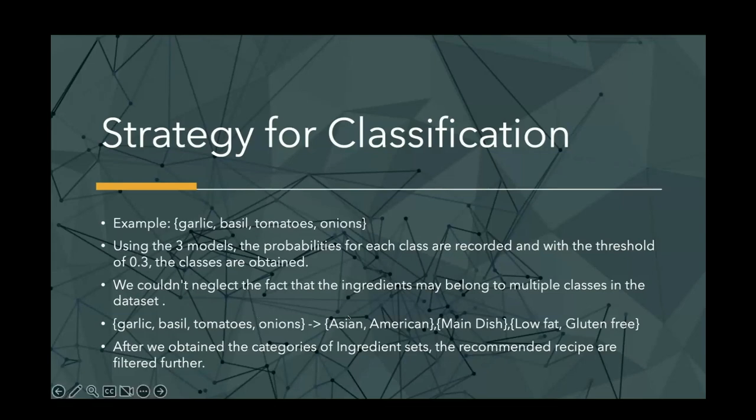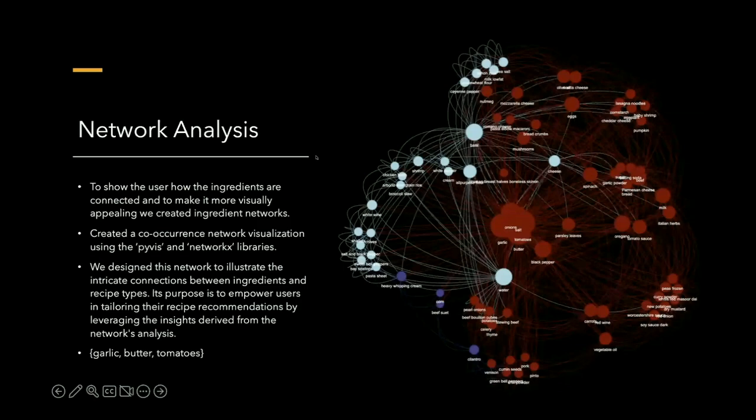Maybe it belongs to an Asian cuisine or American, it checks all 3 datasets and gets the main classes that it belongs to. So from that, we refine to those that are only in the classified classes. So now the recipes are recommended.